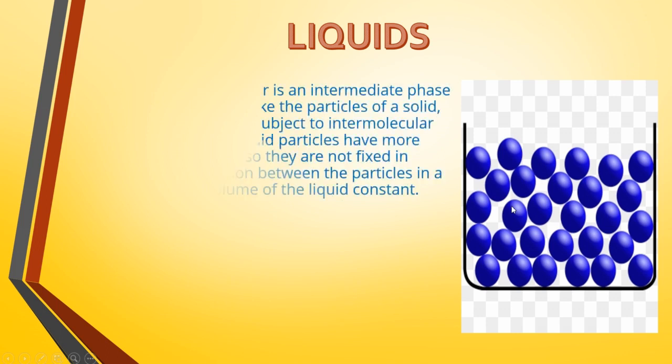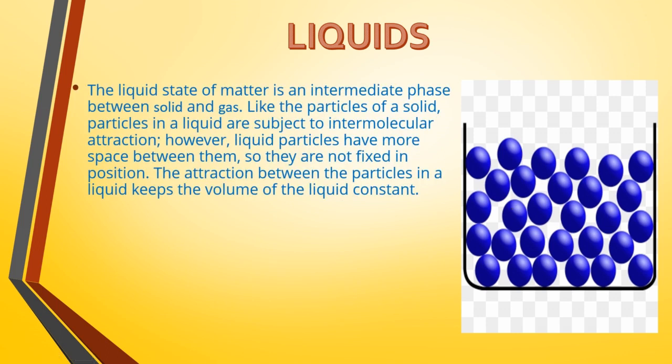So, liquids. In this figure we can see that the molecules of liquids are not tightly packed. They take the shape of the vessel in which they are kept, and they can move easily as the particles are not tightly or closely packed. Let's see what the definition tells.